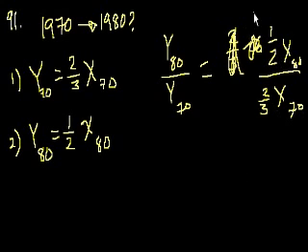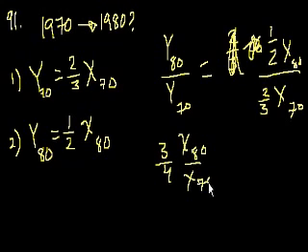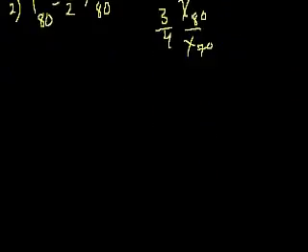Taking the 3/2 up, it becomes 3/4 times X80 over X70. So they never told us what the median household income in country X was in any year. So we still can't solve this problem. There's not enough information given. Next problem.